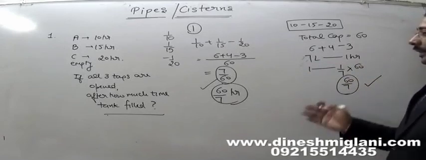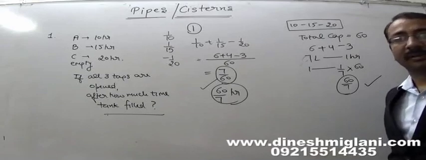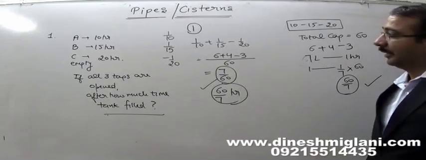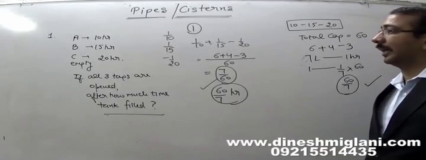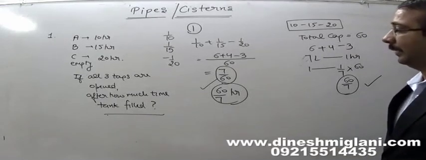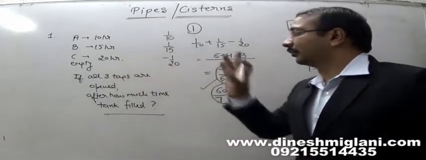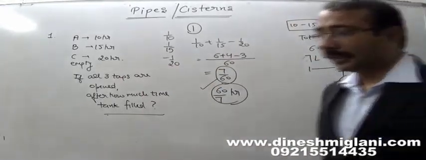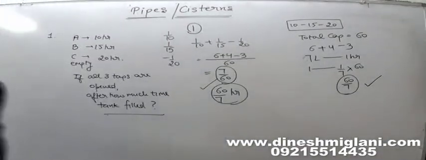So that's the basic approach that we understood in time and work. The same we apply here, but the only changing thing is that here there may be some taps that are going to fill and a few taps that are going to empty. For the tap that is going to empty, we have to apply a negative sign.